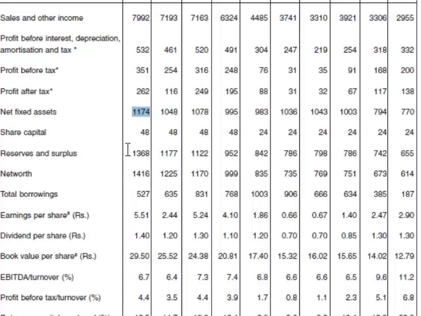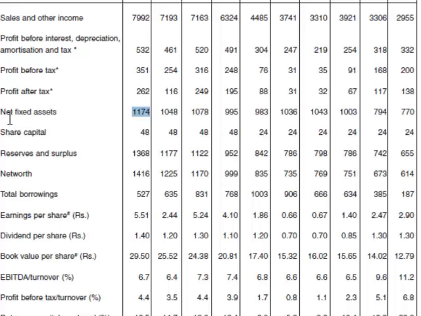Yes, one conclusion maybe we can think is company has not invested maybe sufficiently into fixed assets, or what conclusion can we draw from this? Maybe company has become more efficient with its operation of assets.